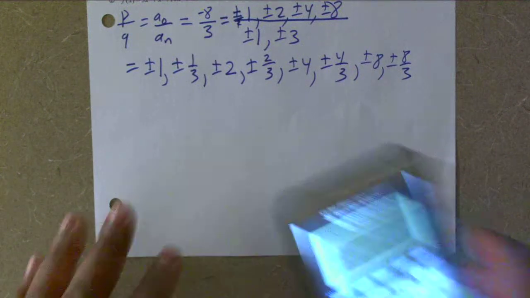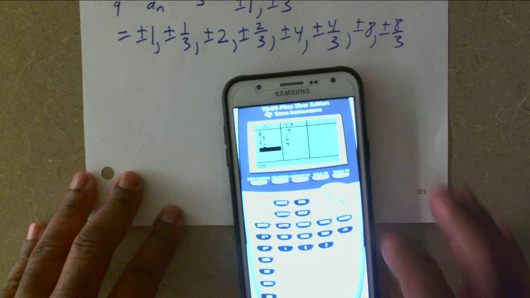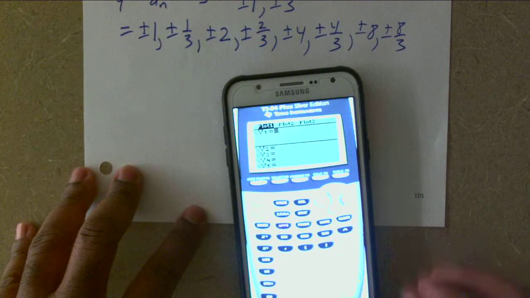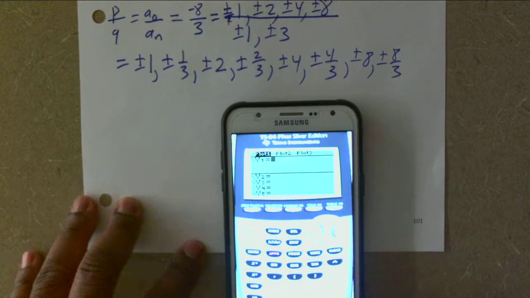So we go back to our calculator, and we go to y equals, clear this out, and we type in this equation. It'll be 3x, let me write it out.